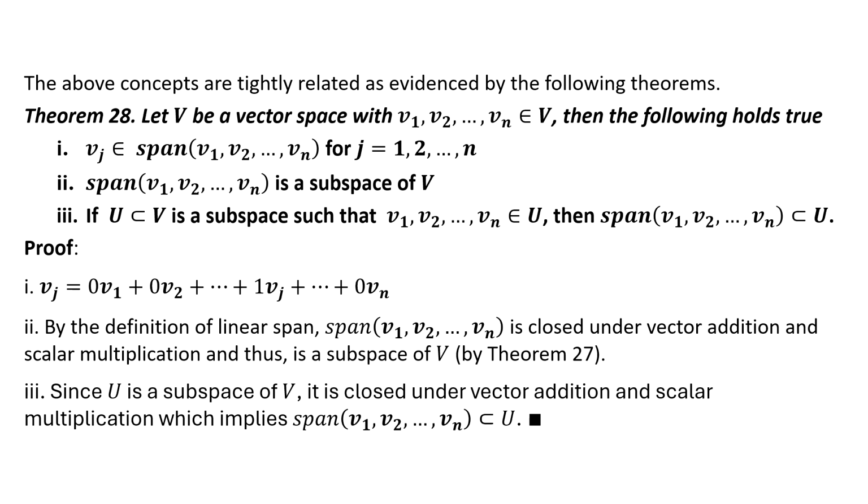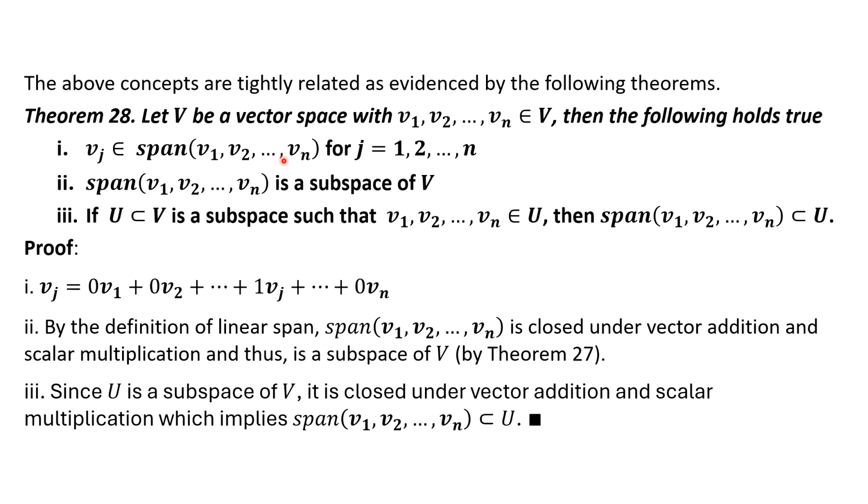As I noted on the previous slide, the concept of a basis, linear independence, and spanning set are related, and I have a theorem here on this slide that relates some of those concepts. So let V be a vector space with vectors v1, v2, up to vn. Then the following holds true. Vj is an element of the span for j equals 1, 2, up to n.